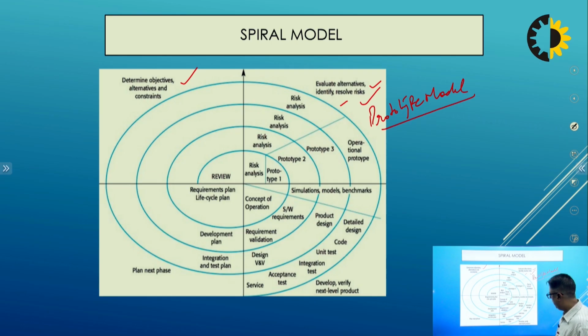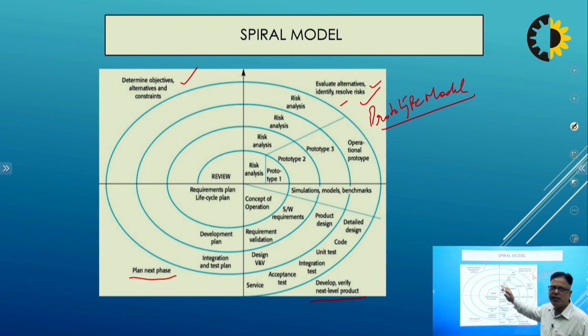Third phase is develop and verify next level products. And the final and last phase is plan for the next phase. So this is the basic structure and architecture of the spiral model.